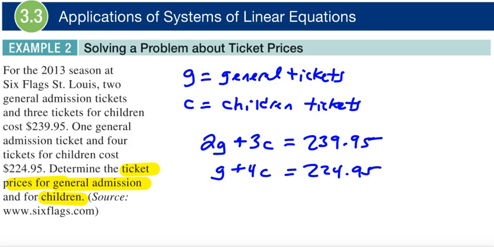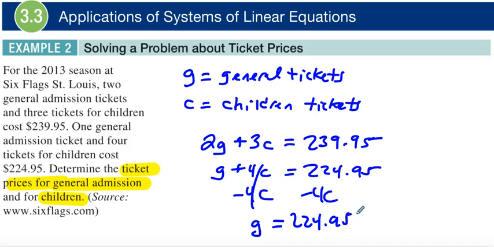So let's subtract 4C on both sides, and then we can have G, so we can do the substitution method. If I subtract 4C from both sides, I get G, 1 general admission ticket, is $224.95 minus 4C.